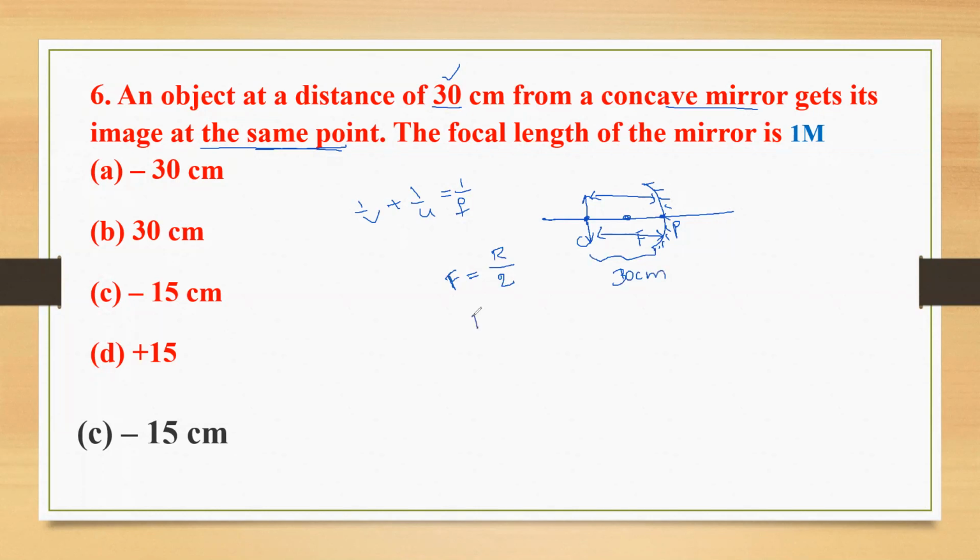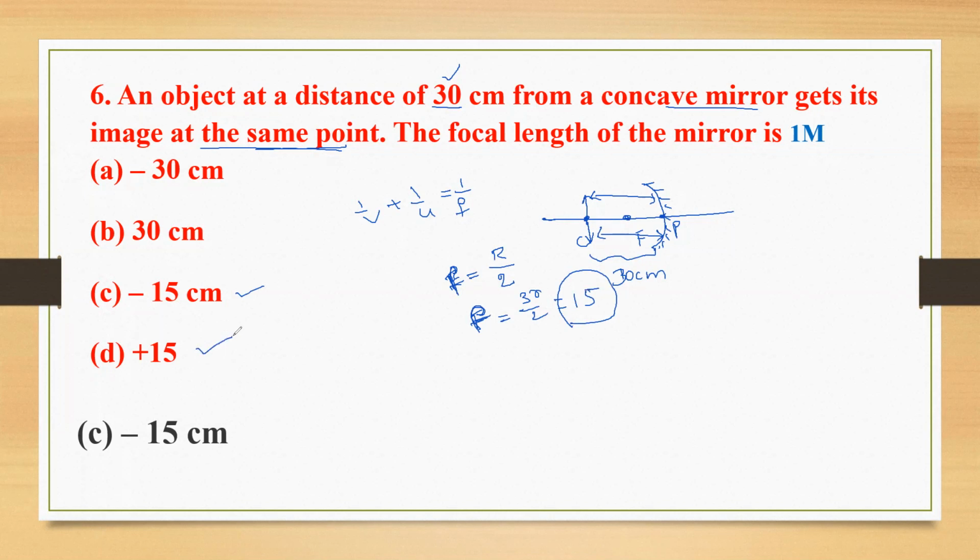So focal length is equal to 30 by 2. So you will get 15. Half of the radius of curvature is nothing but the focal length. So here 15. Now the answer would be either this or this.